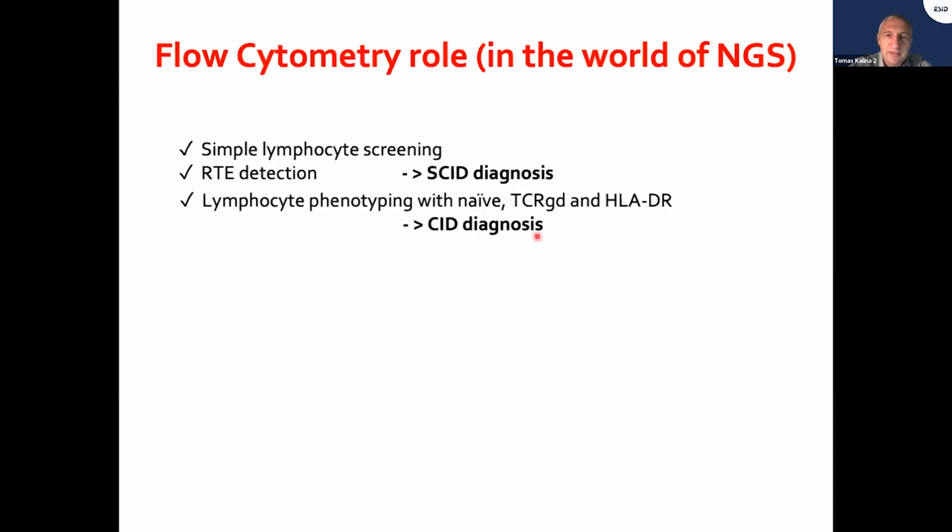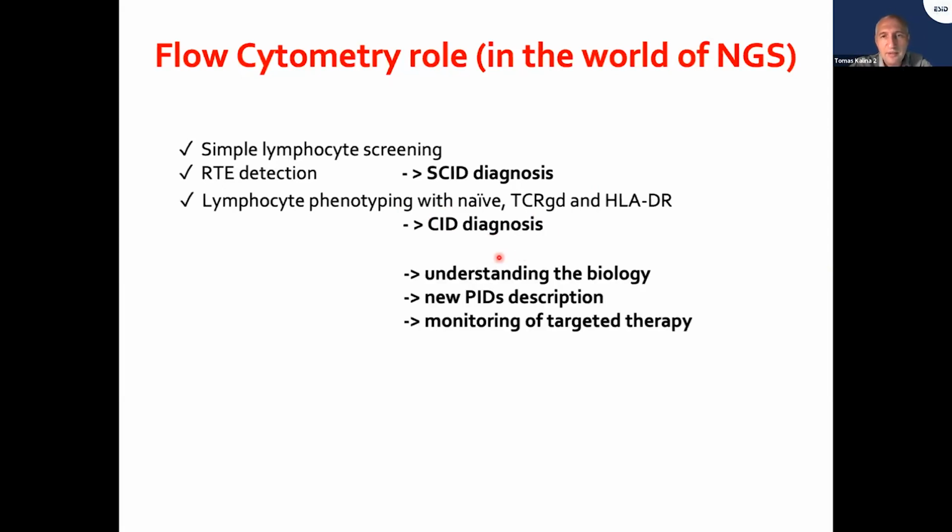We can still use the Euroflow tubes to confirm the criteria of CID, even in the absence of genetic diagnosis. And then, beyond diagnostics, we want to use flow cytometry to better understand the biology, to describe in more detail the new PIDs that are discovered.